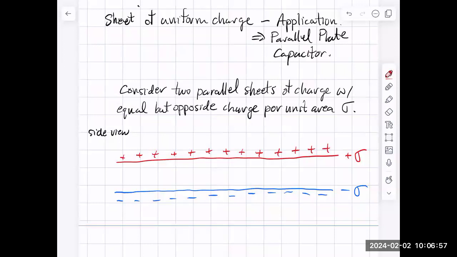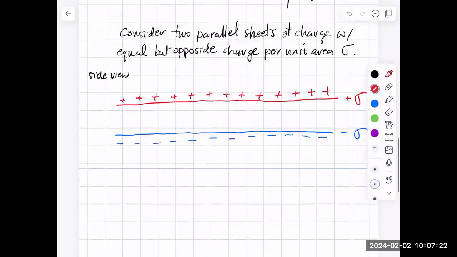And then we'll imagine that only the negative sheet is in place, and we'll draw its electric field. And then we'll realize that the net result is the sum of those two. So that's called superposition. We can separately think of the electric fields due to the positive and negative sheets individually, and then add them up in the end. And so let's just write down that strategy first.